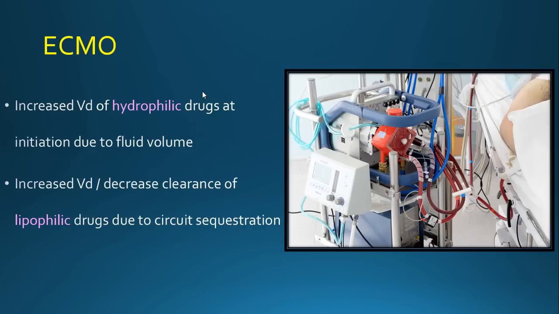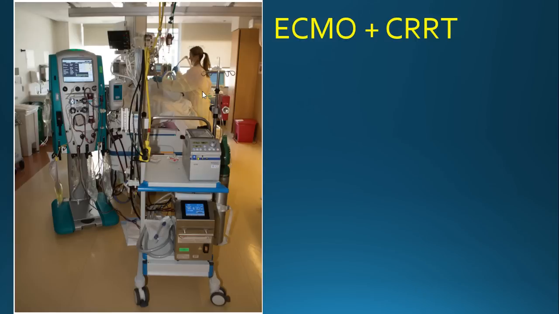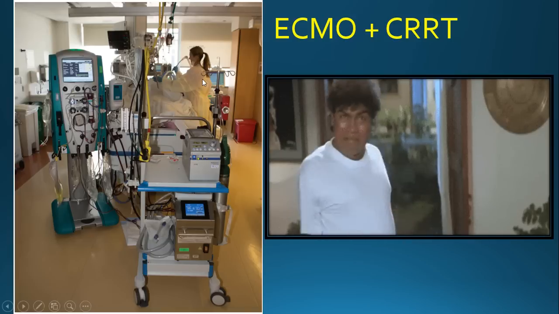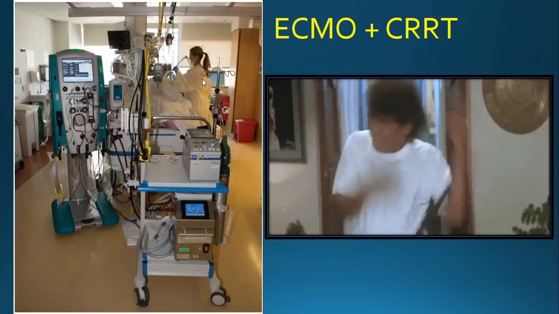Otherwise it needs a separate discussion, because veno-venous ECMO is different from VA ECMO. You understood these are all complex things, but it matters now when you combine ECMO with CRRT, your situation will be like this only.